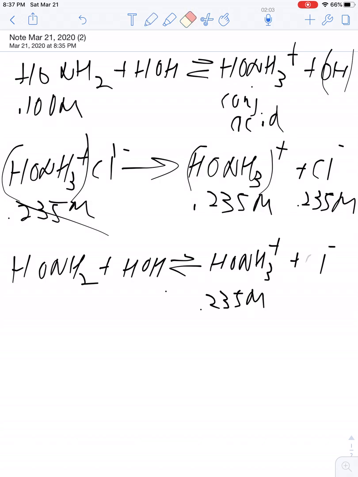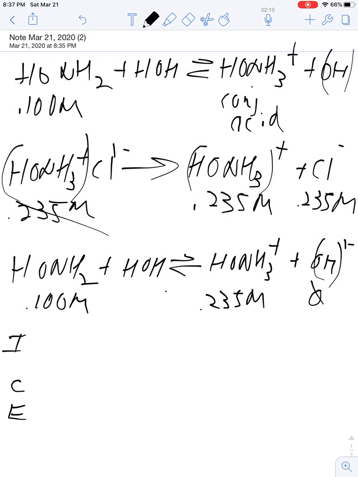Whoops, sorry, that should not be chloride there, that should be OH. My fault. And I'm starting with 0.1 molar of this. So then I do my ice table. I'm going to shift right.